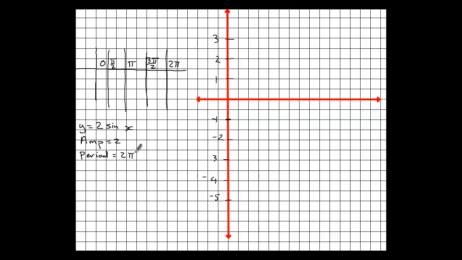So what's that look like? I'm going to draw that here. There's my 2 line. There's my minus 2 line. Let's say this is pi and 2 pi.